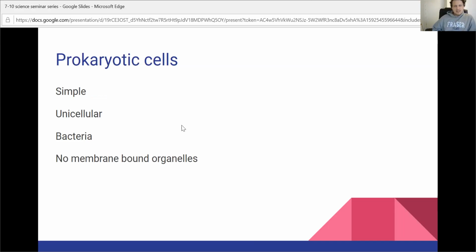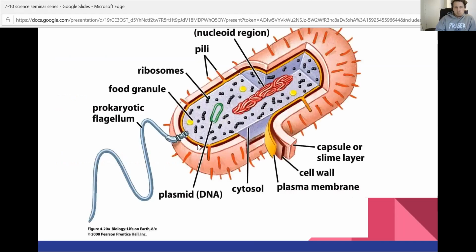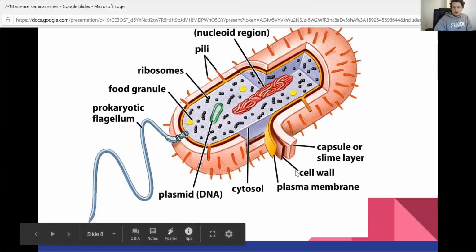They do not contain membrane-bound organelles. Everything is just kind of floating. You can see that here. So the DNA is circular in the plasmids, and they have a cell wall.